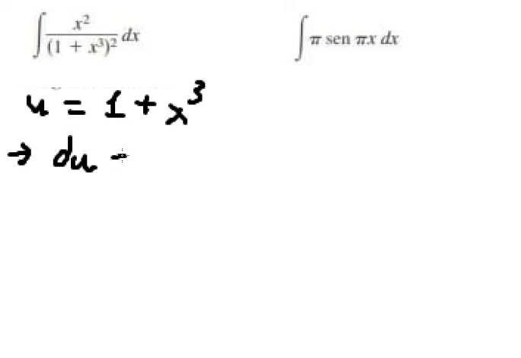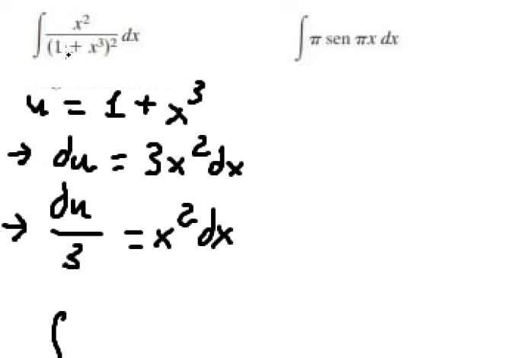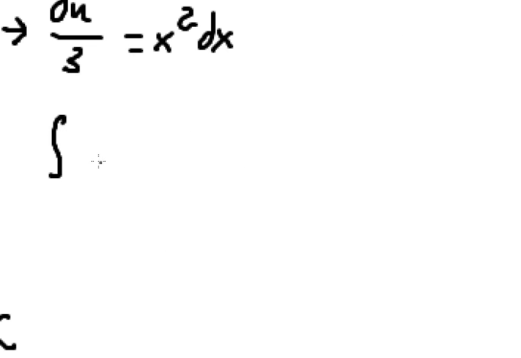The next one, we can use u equals 1 plus x to the power of 3. So we do the first derivative for both sides. This one is a constant. This one we have 3x squared dx. Because we don't have number 3, we divide both sides by number 3. This one we change by u, so we have u squared.